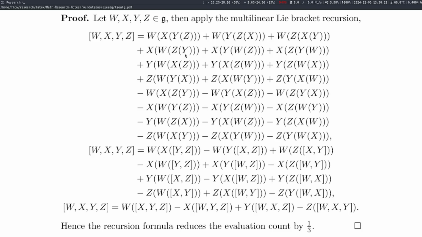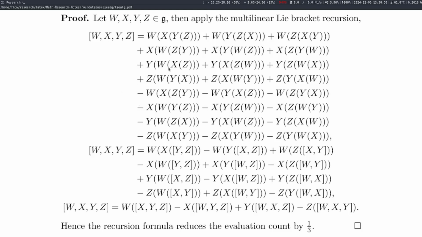X applied to w of z of y, and so forth. And what we'll notice is there's some nice patterns here. First of all, these are all the positive terms, and then I have all the negative terms here. So I just sorted this in such a way so that we can have all the subtractions in one segment here and all the additions over here.